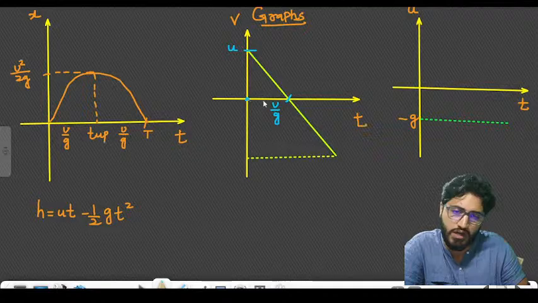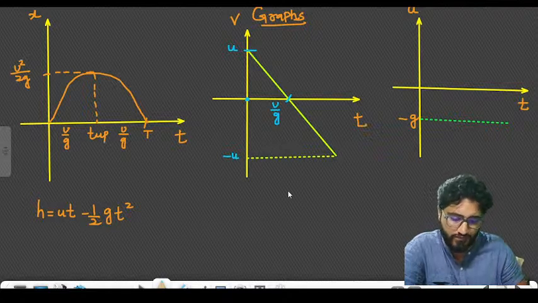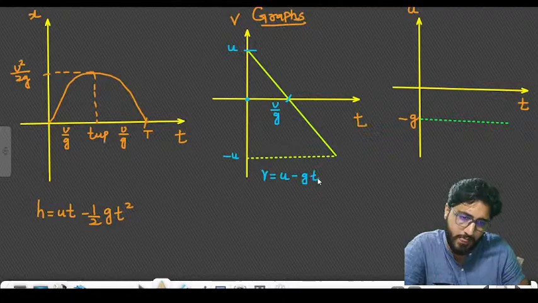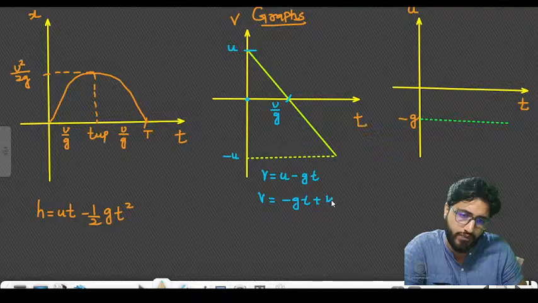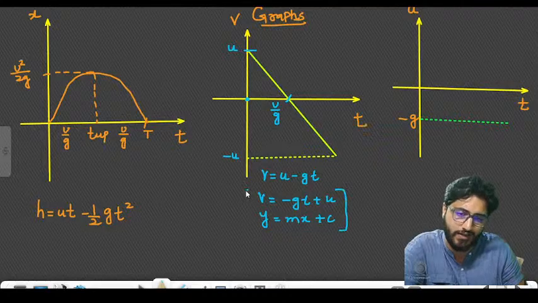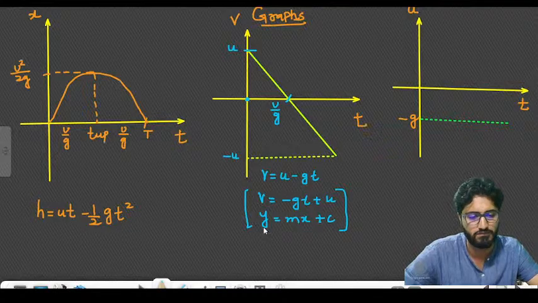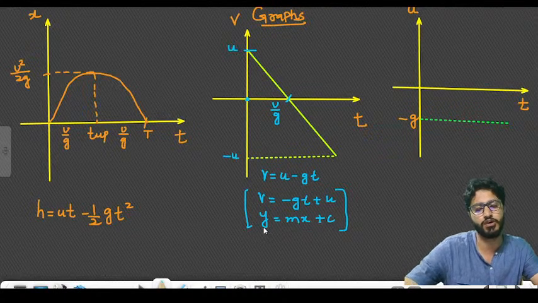It then returns along its path and its velocity becomes minus u. Look, v equals u minus gt, or v equals minus gt plus u. So y equals mx plus c, you can relate your equation. You got a straight line now. Very easy. Just remember these points.